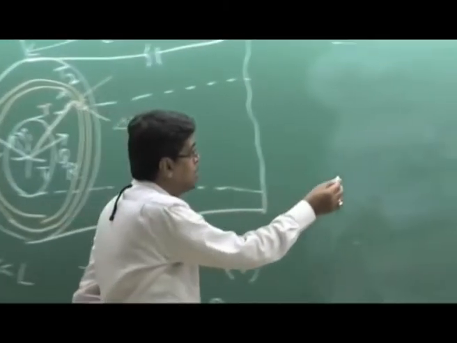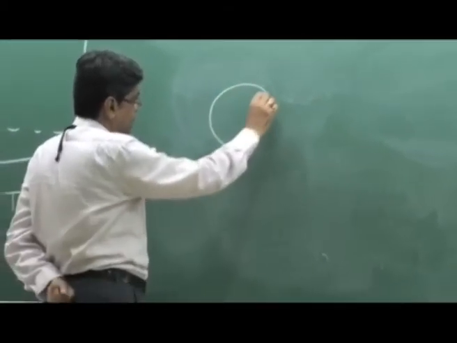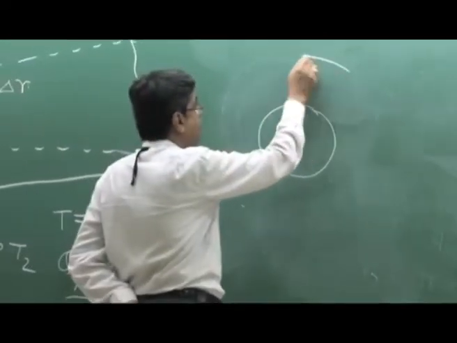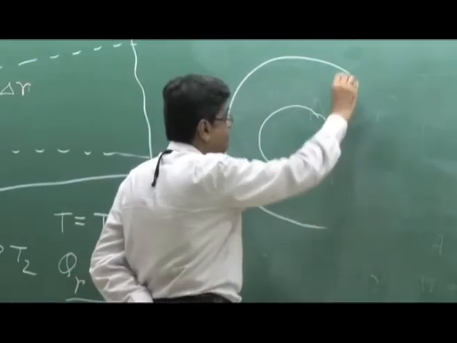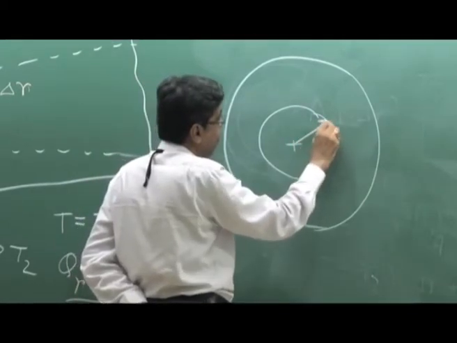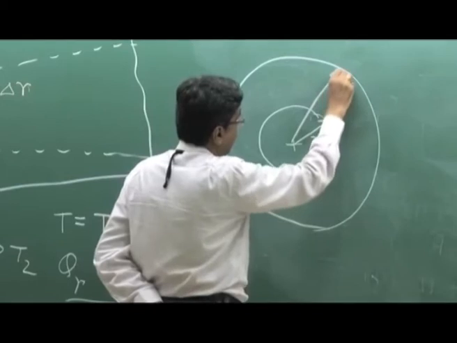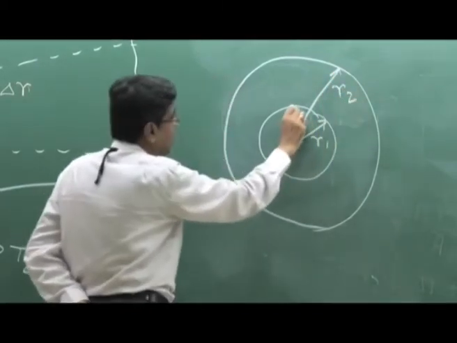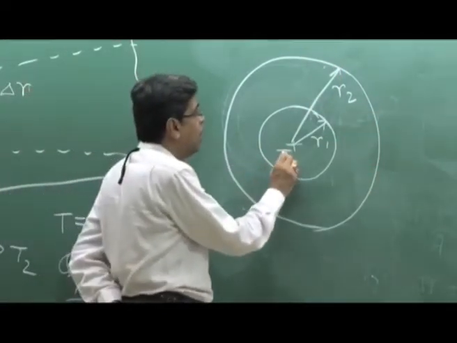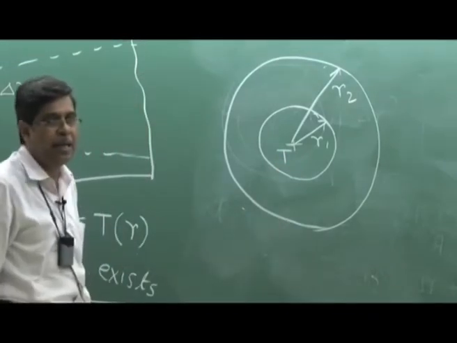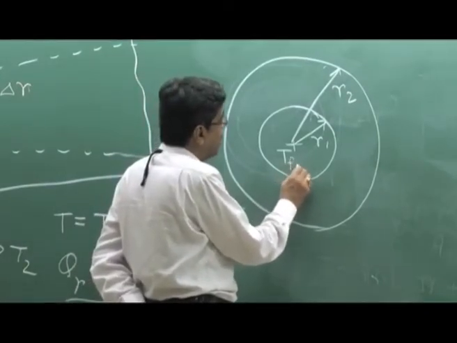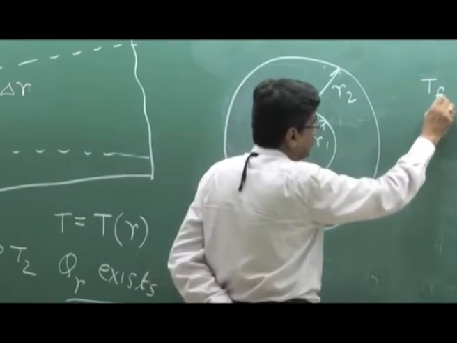That means, if I draw this front view, in the r-theta plane, instead of prescribing the inner surface and outer surface temperatures, we prescribe the fluid temperatures: the inner fluid temperature, which may be TFI, and the outer fluid temperature, which may be TFO.